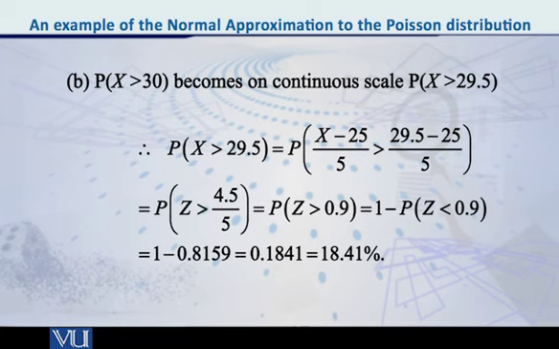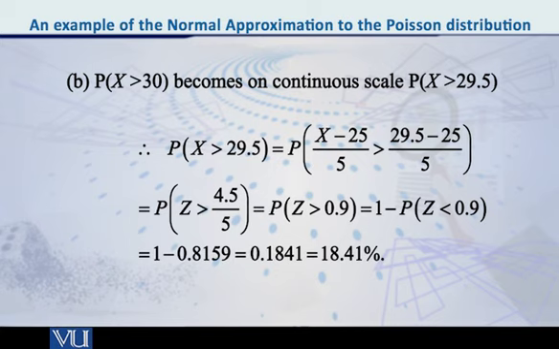So when x is equal to 29.5, z is equal to 29.5 minus 25 over 5, that is 4.5 over 5, and that is 0.9. So in the standardized version, we want to find the probability of z being greater than 0.9, which is the same as 1 minus the probability of z being less than 0.9.